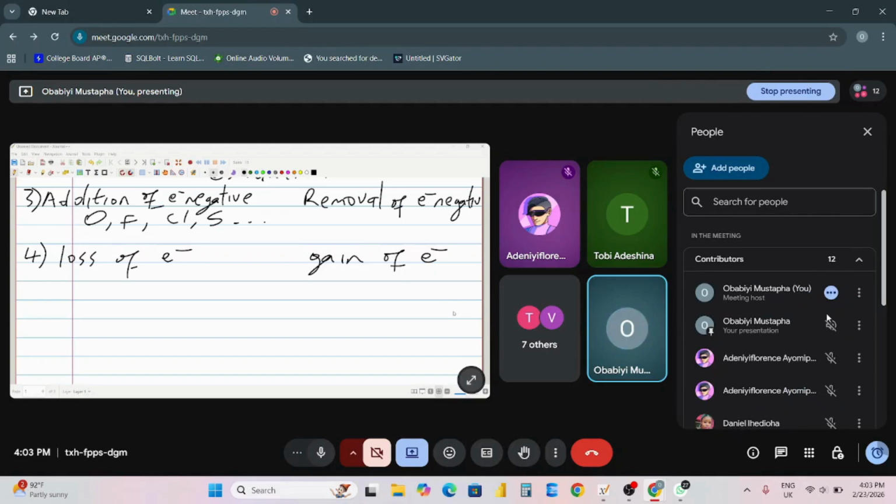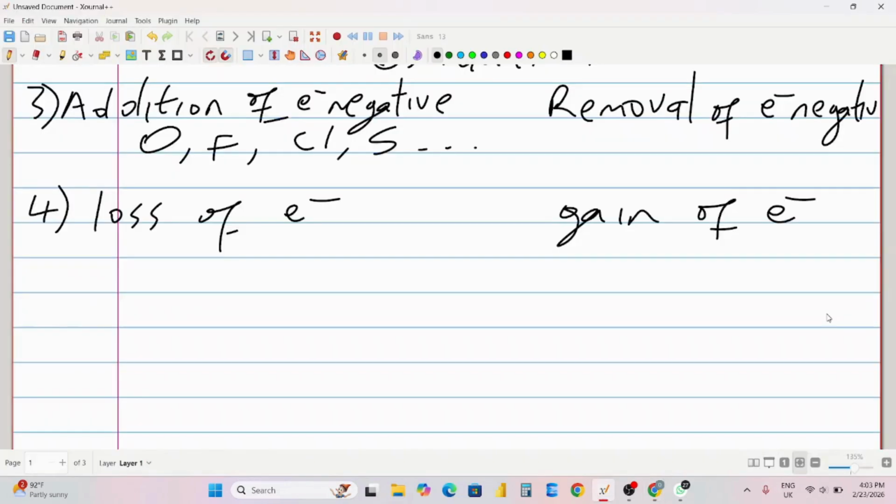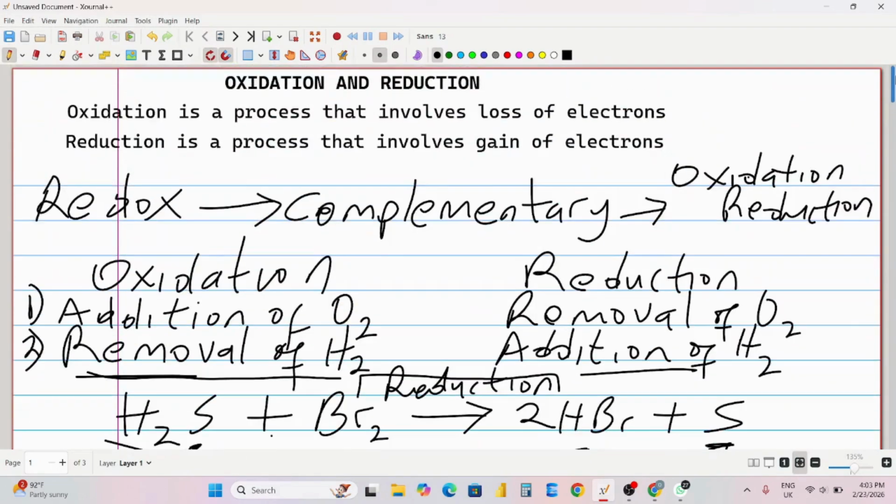Okay. For those of us just joining, we just started oxidation and reduction, and this is everything we've covered so far.